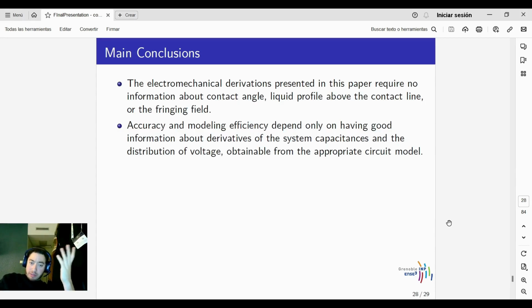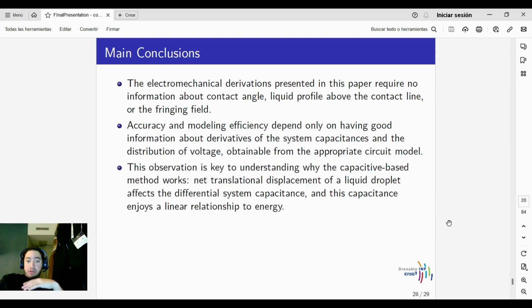The accuracy and the modeling efficiency depend only on having very good information about the derivative of the capacitance and the distribution of voltage in this case, but absolutely no dependence on the contact angle.